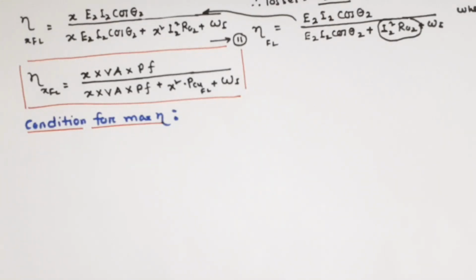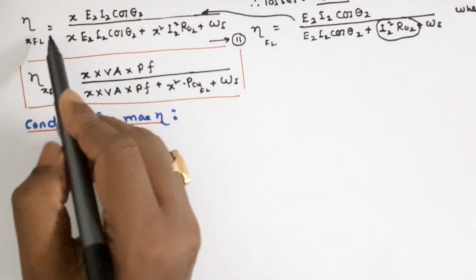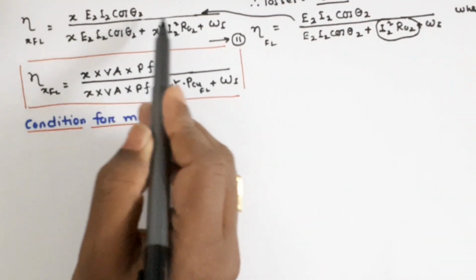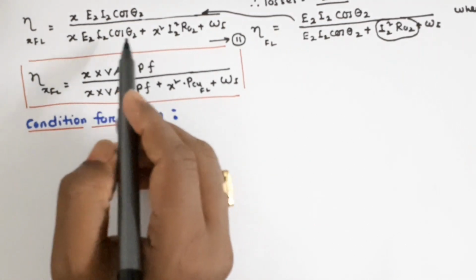Now we have to find the condition for maximum efficiency. From equation number 2, there are two variables.